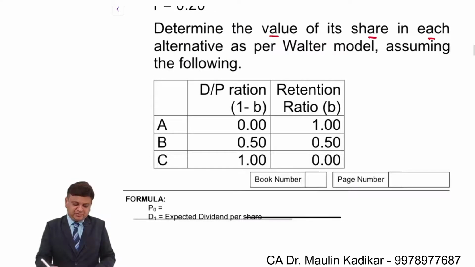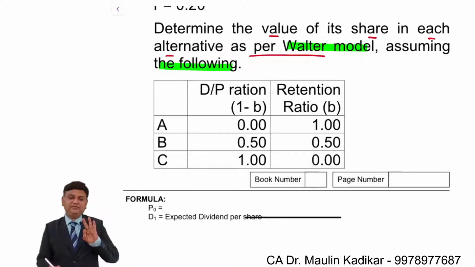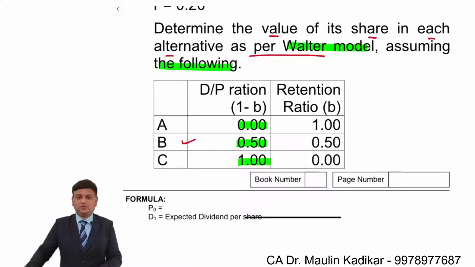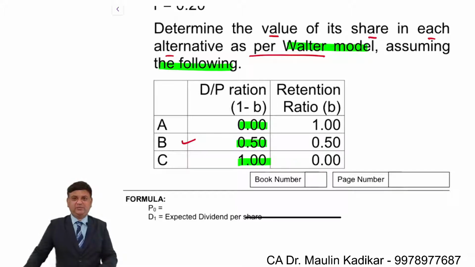Determine the value of its share in each alternative as per Walter model. Assuming the following, again we have been given three situations. Dividend payout ratio is 0, 0.5 and 1. I want you to write the answer that what will be P0 in B situation. Put your answer in the chat box.